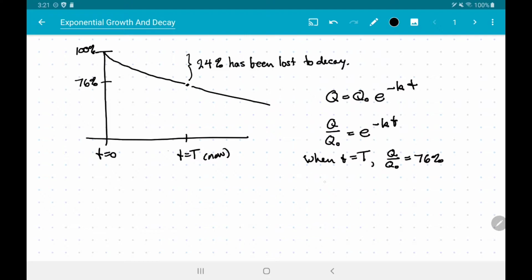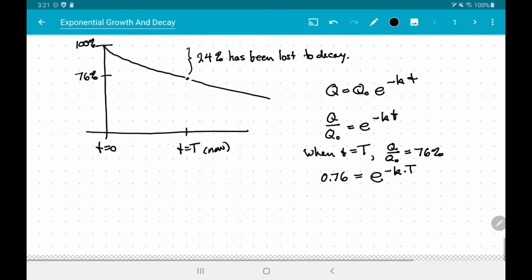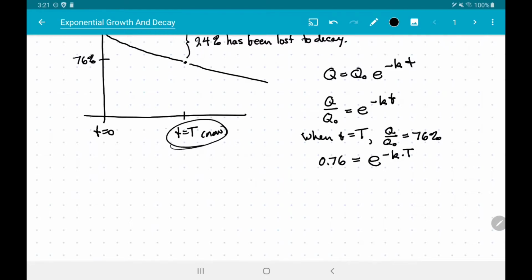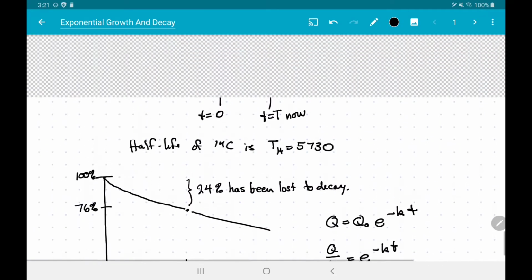So that allows me to write, in decimal as 0.76 instead of as a percent, is equal to e to the minus k times, and I'll put in big T because that's for now. We need to solve for what time is now, given that time 0 is when the tree died.